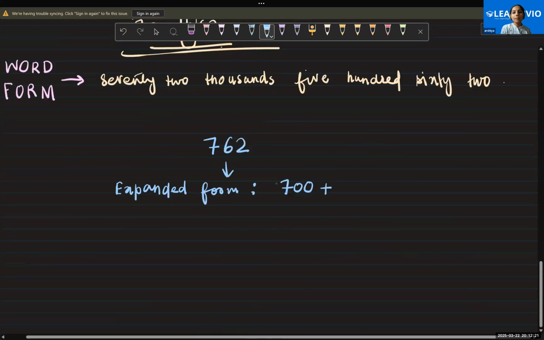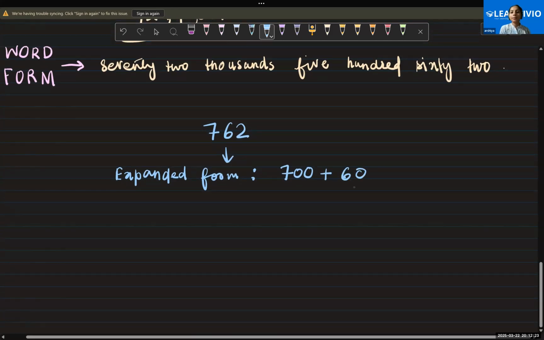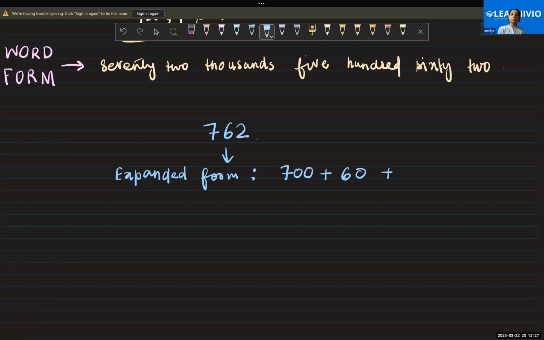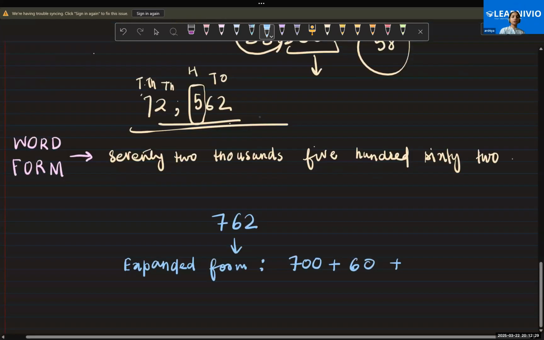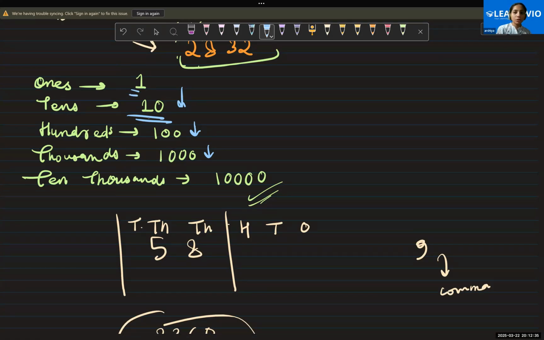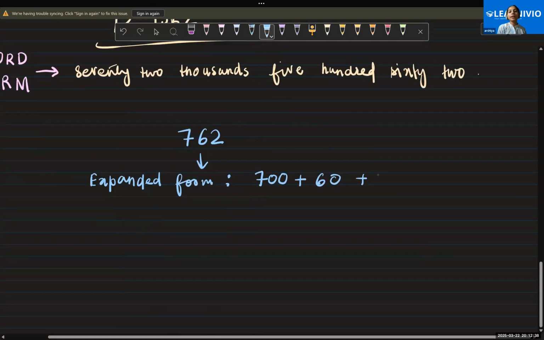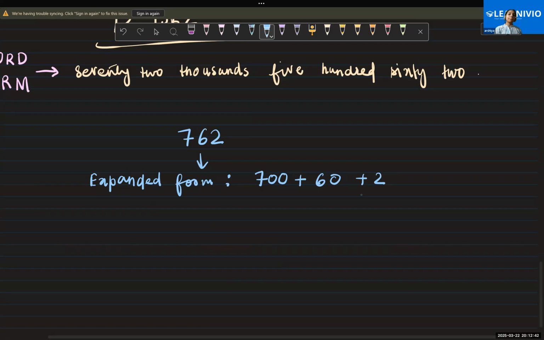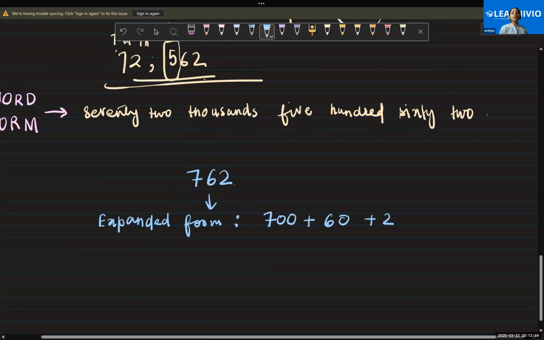So I'll write it as 60. Now what is the place value of 2? Ones. Do we have any zero when it comes to ones? No, we don't. So I'll just write it as 2. Do you remember it now? Yes. Okay. Now can we do it for a bigger number?